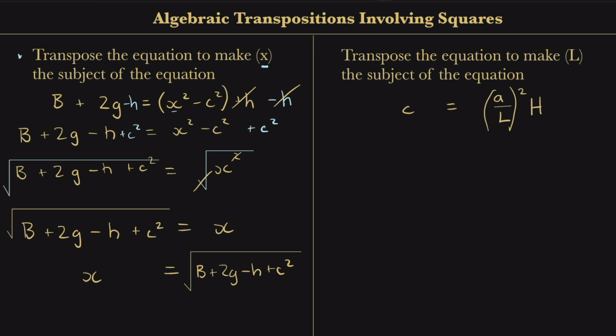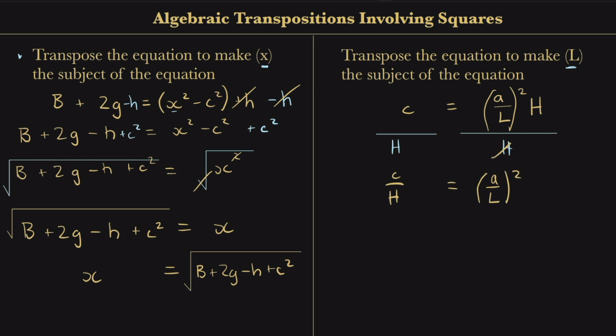The one on the other side, we want to solve for L. All right, first step, let's divide by h. And then rewrite it, c over h equals a over L squared.